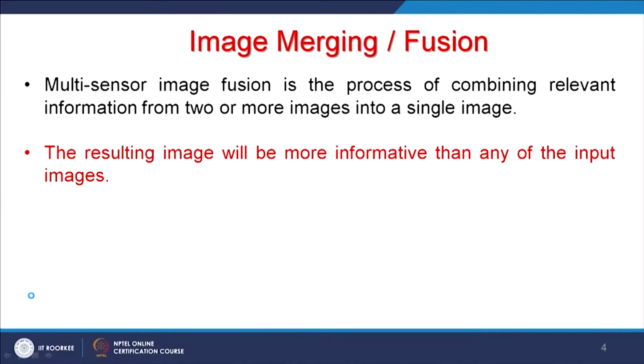But the main purpose is that two different data sets belonging to the same area are merged, fused or pan sharpened. Whatever we do in this image merging or fusion, the result can be more informative than the individual input images, and you would see in the examples how they become beneficial.